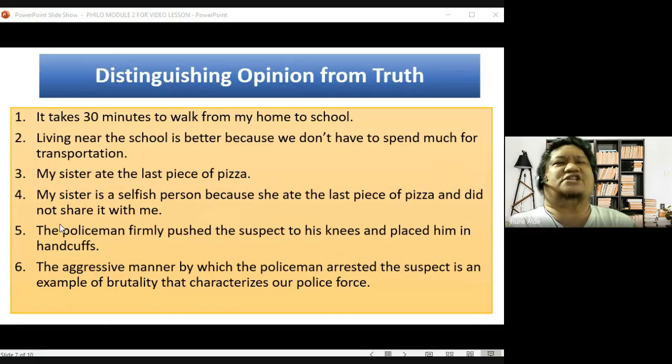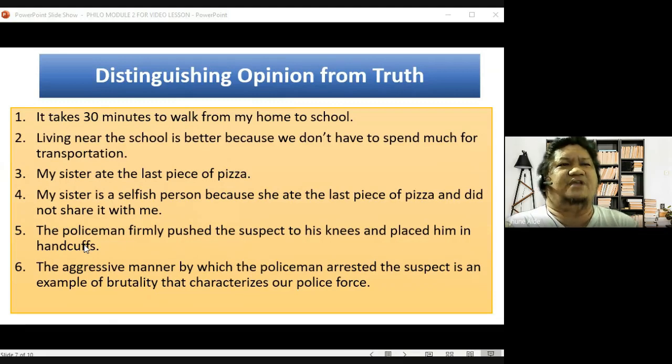Because using the philosophical tool we learned, they fit into the category of facts since they contain ideas or information that are easily verifiable. So we can immediately verify statement number one, statement number three, and statement number five. Ang bilis ma-verify niyan. So if it is verifiable, then those are facts.